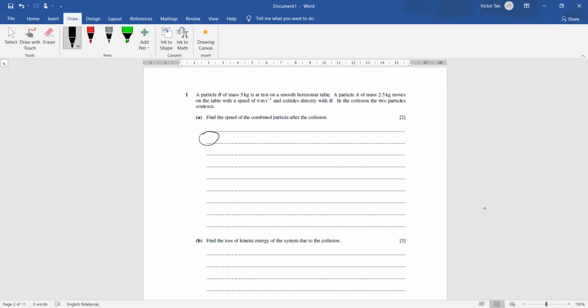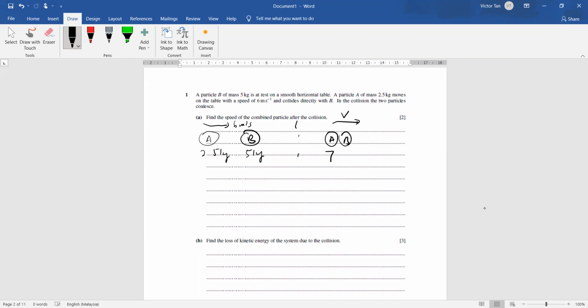Okay, this is A. A moves towards B at 6 meters per second. B is stationary. This is 5 kilograms. A is 2.5 kilograms. So after the collision, they stick together and move at a combined speed of V, let's say.